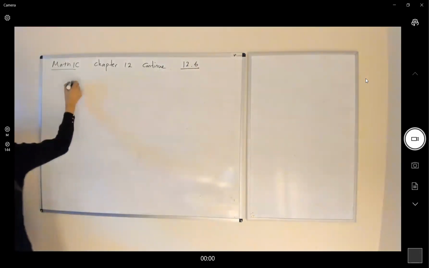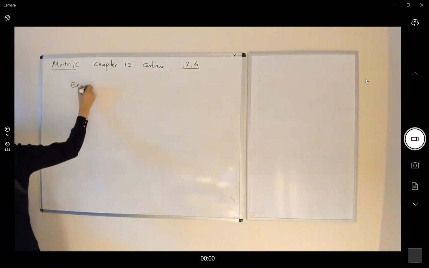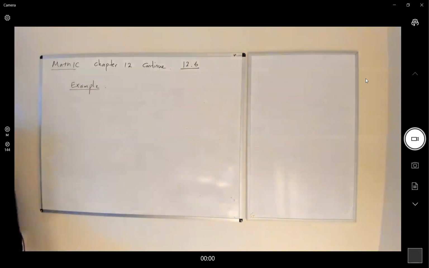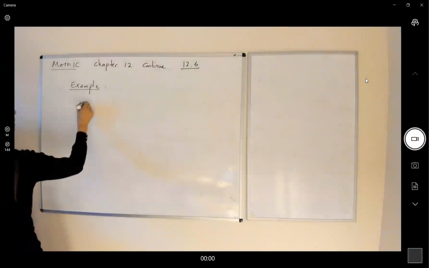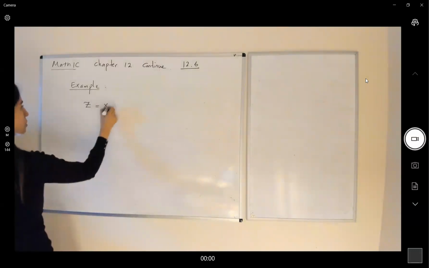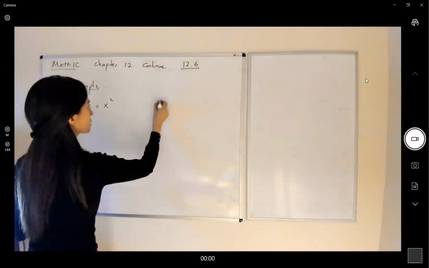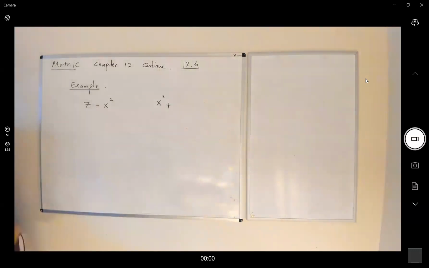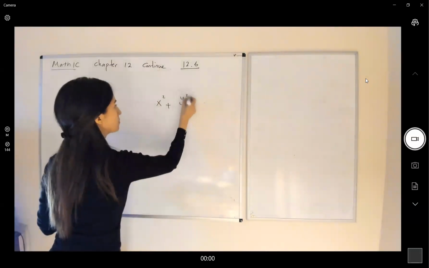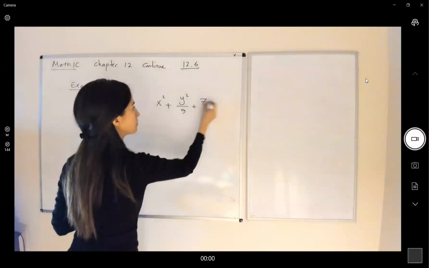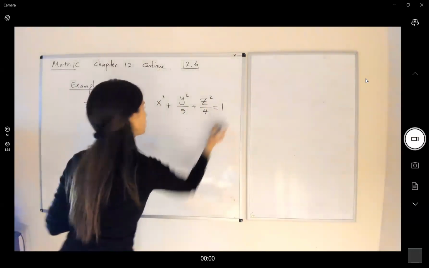12.6. So this example asks to identify the graphs. The first equation is z equals x squared. The second equation is x squared plus y squared over 9 plus z squared over 4 equals 1.